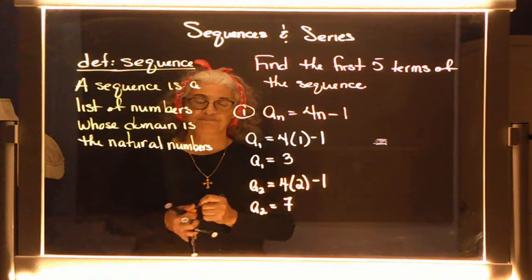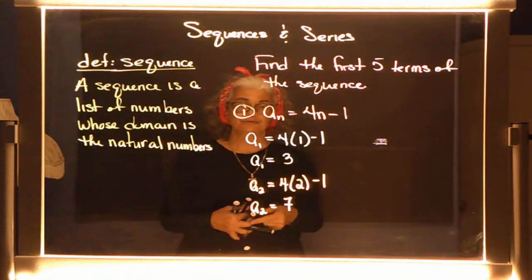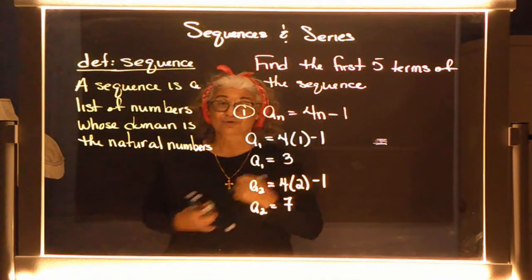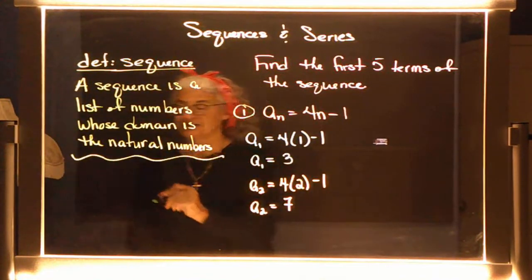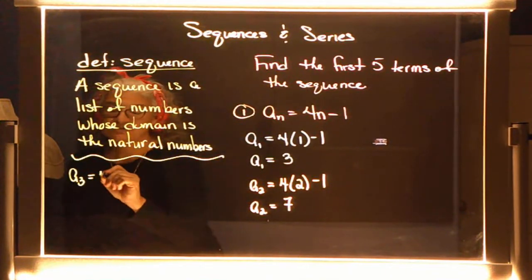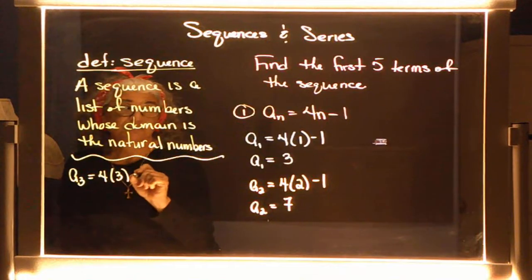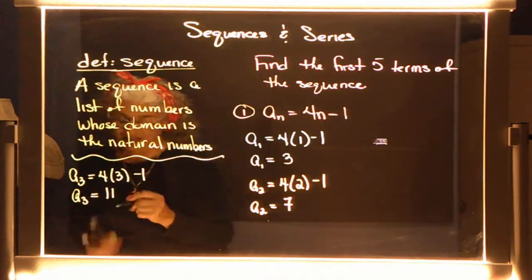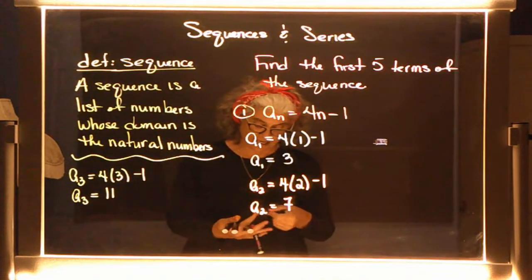Are you with me? I know what some of you are thinking. Some of you are going, wait. Is it that easy? And my answer is yes, it's that easy. Don't complicate this. Okay? How about a sub 3, the third term of the sequence? 4 times 3 minus 1, which means the third term of the sequence is 11. How about the fourth term?